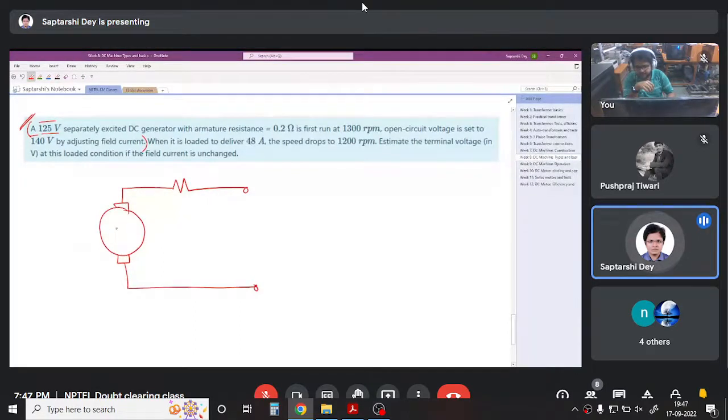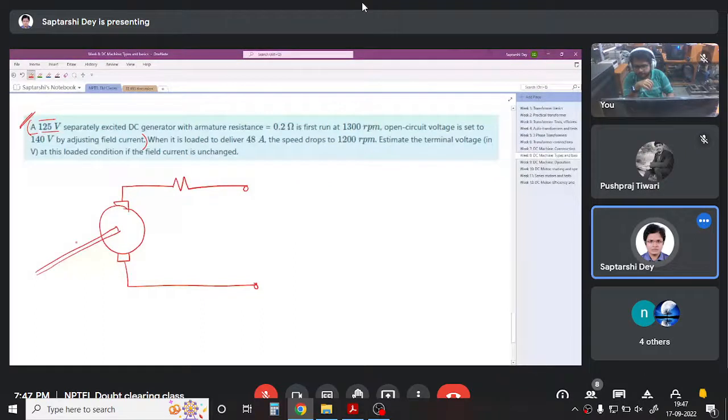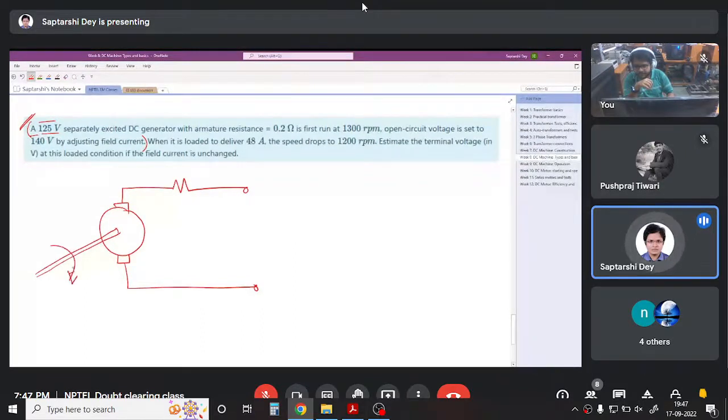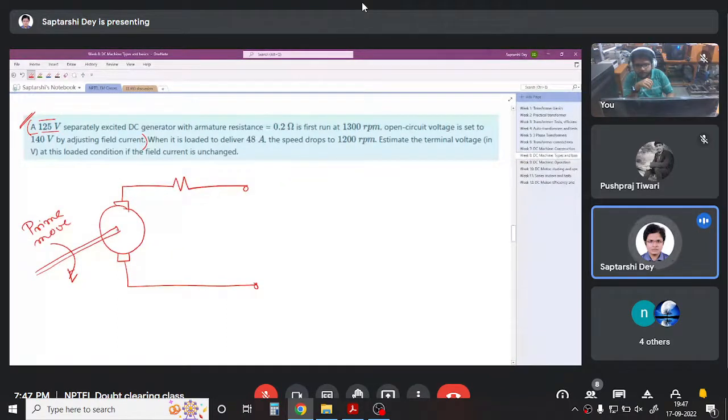When a DC generator runs, I told last year, generator means mechanical power to electrical power. So there is some prime mover which is running this machine from outside. We need not know what it is. That can be a diesel generator, that can be a turbine, anything. So this is the armature, it's rotating.